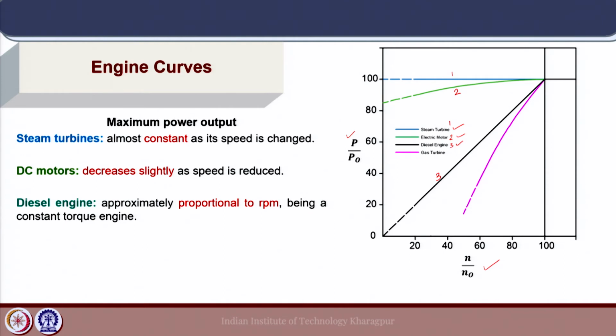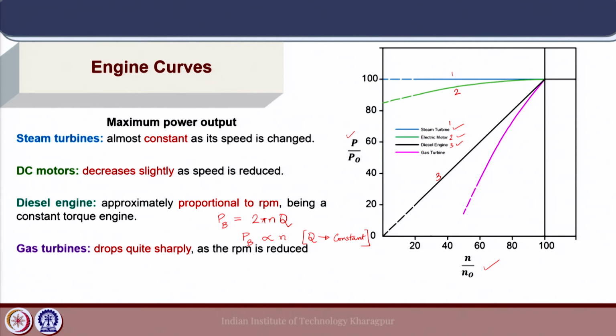So, it can be assumed to be a constant torque engine, because Pb is 2 pi n Q. If Pb is proportional to RPM, then the torque is constant for diesel engines.